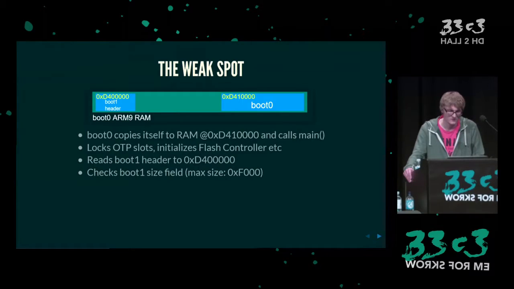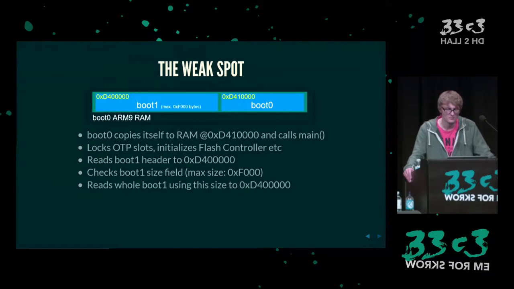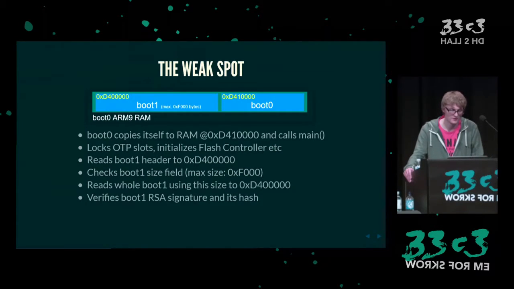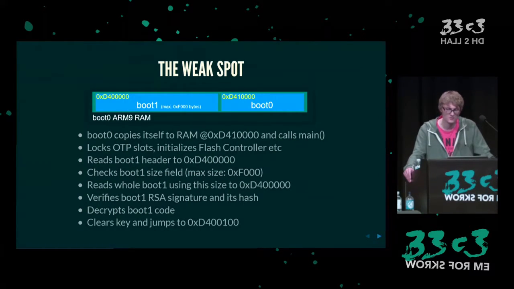So they use the size and read the whole boot 1 image using the size, and then they do real signature verification to make sure that the image is not corrupted. It then decrypts the boot 1 code using the key from RAM, and then it clears the key and jumps to the boot 1 entry point.